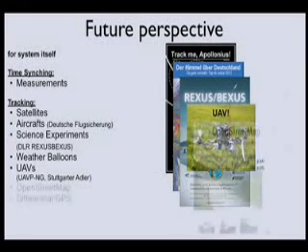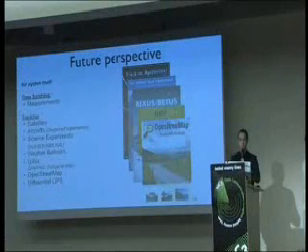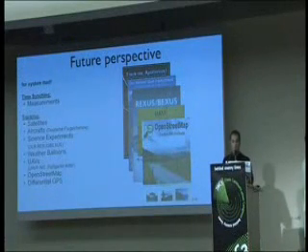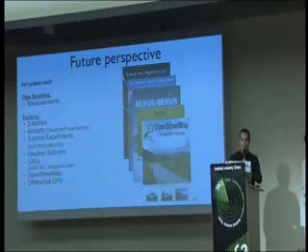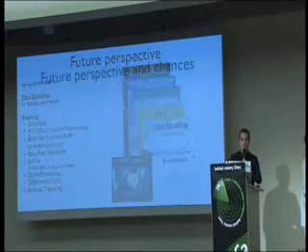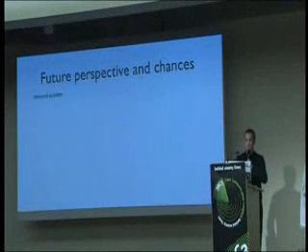Of course, OpenStreetMap, because when you have a beacon that's really, really small and fitting into your pocket, you can do your walk around and then check where you have been, and then help OpenStreetMap with the mapping stuff, and like mentioned before, the differential GPS, improving your GPS system, and of course, animal tracking. Future perspective and chances beyond the system.